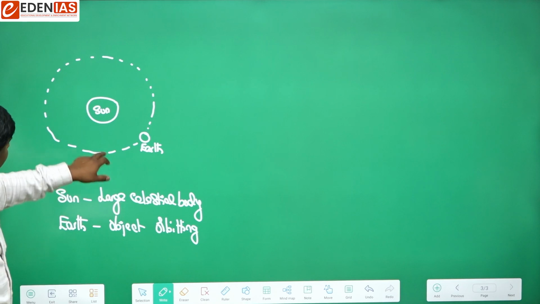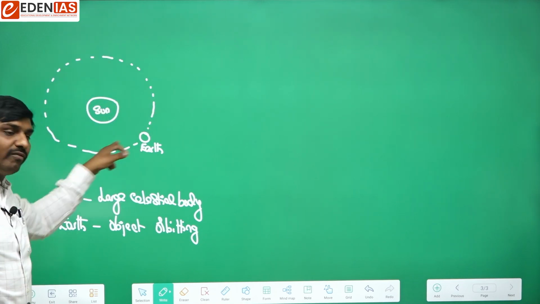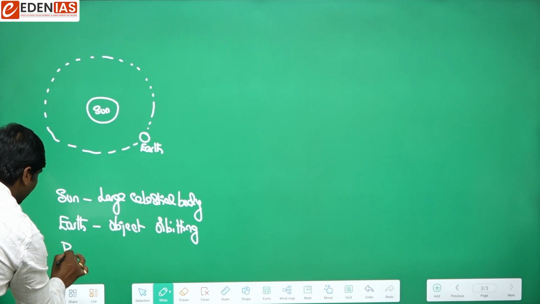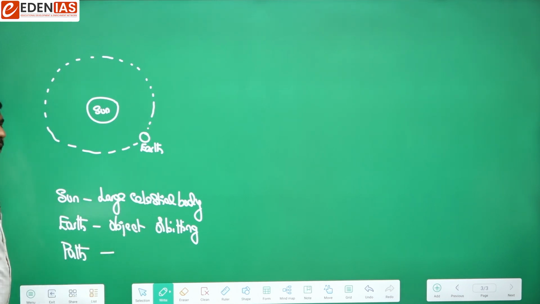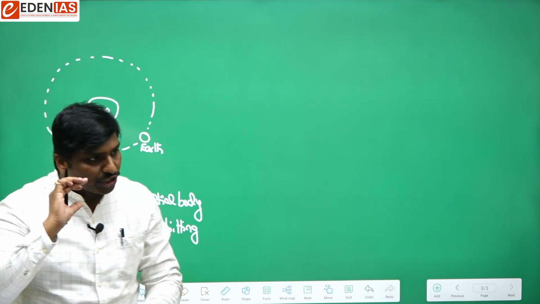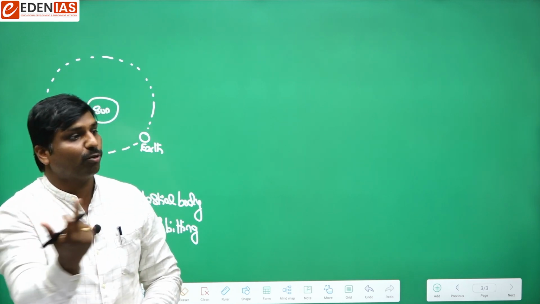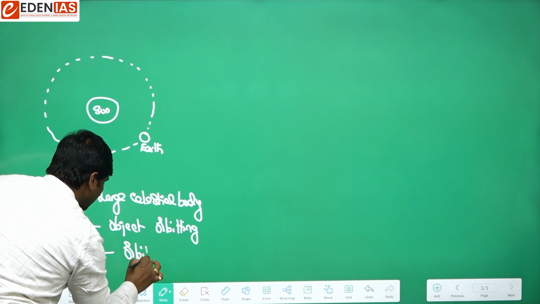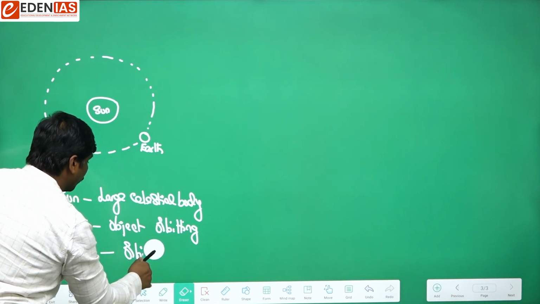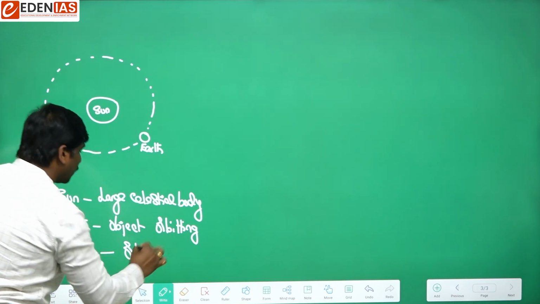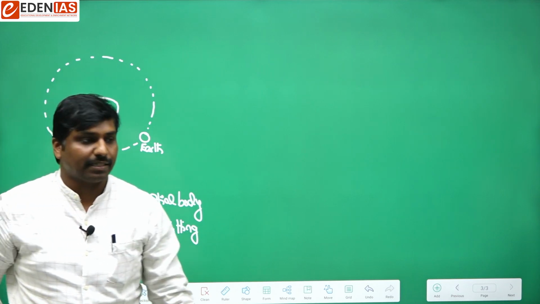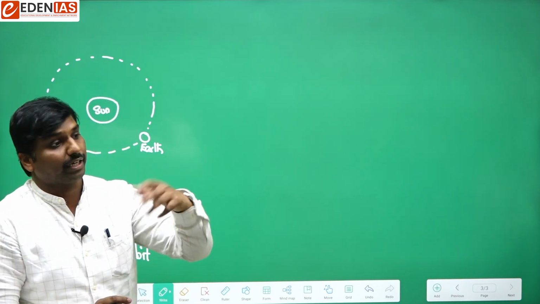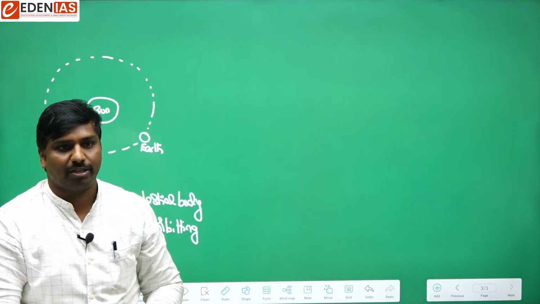Can you see that there is a path around which this Earth is rotating? The path in which the object orbits around a celestial body is known as an orbit. Usually this orbit would be a curved path. In simple terms, an orbit is nothing but the curved path around which a small celestial body rotates or revolves around the large celestial body. So that is one thing.